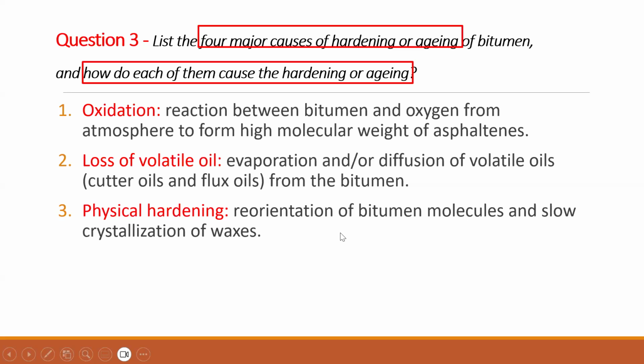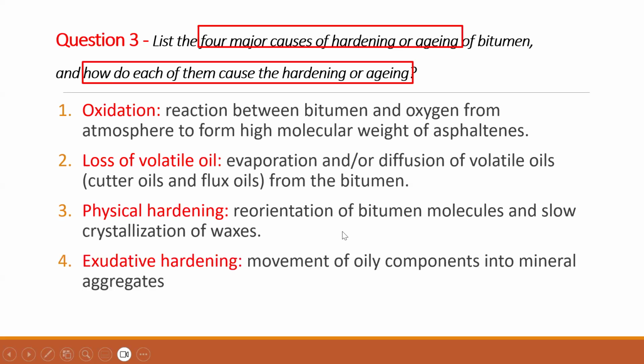The last one is exudative hardening. Exudative hardening means the movement of the oily compounds into the mineral aggregate. If you look at aggregates, they have tiny pores. So when we add bitumen to aggregates, the aggregate can absorb the oily phase into the pores. When it is absorbed into the pores in the aggregates, it won't be able to contribute to the bonding process.